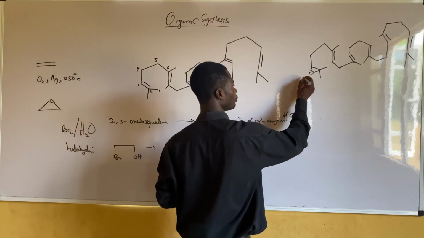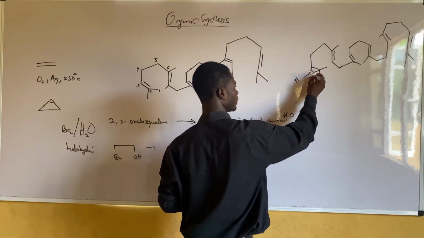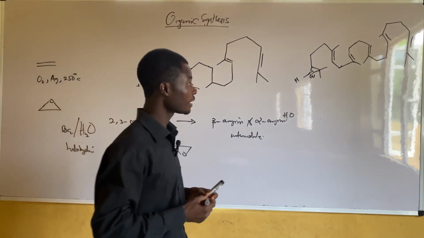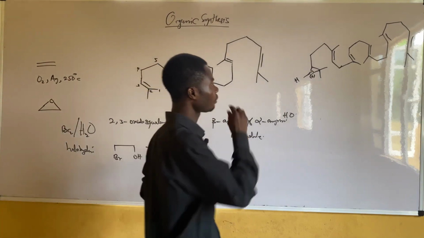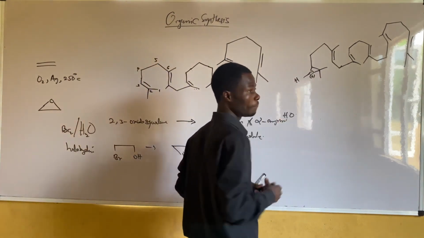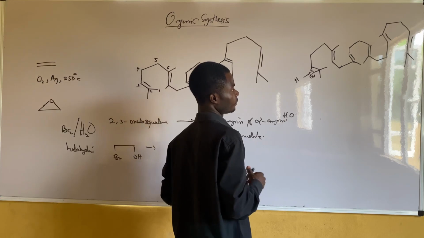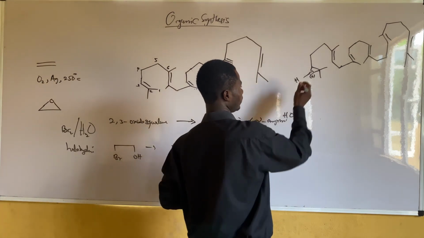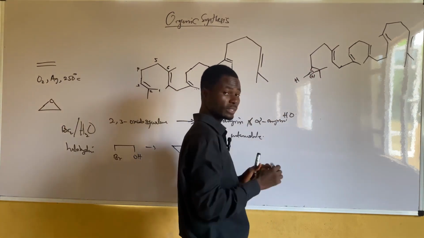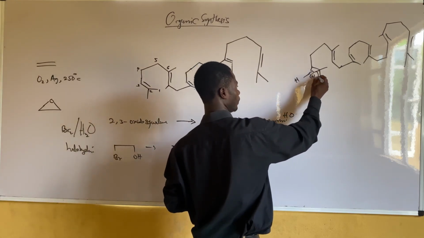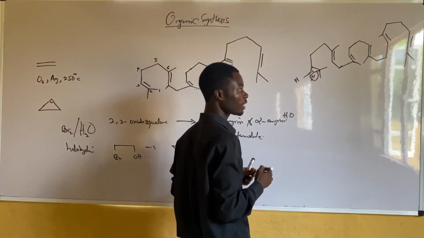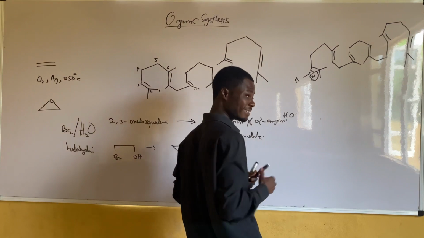So then when you protonate this, usually in the presence of an acid, what you then obtain is this epoxy derivative. So then this oxygen atom here, as you know, is unstable. So this bond migrates here so as to provide the lone pair of electrons that is needed.